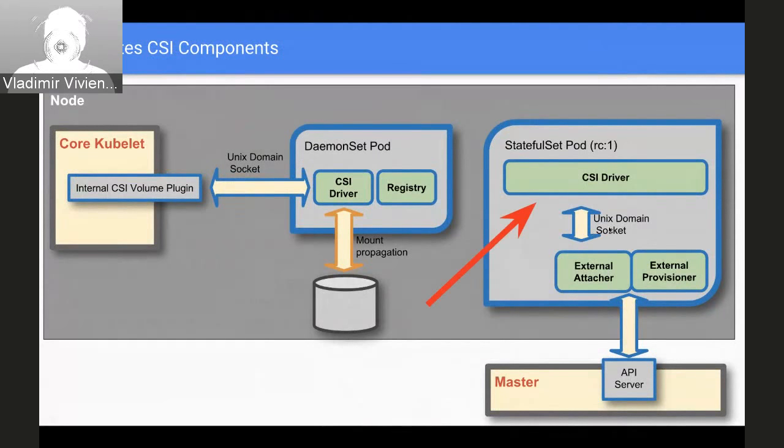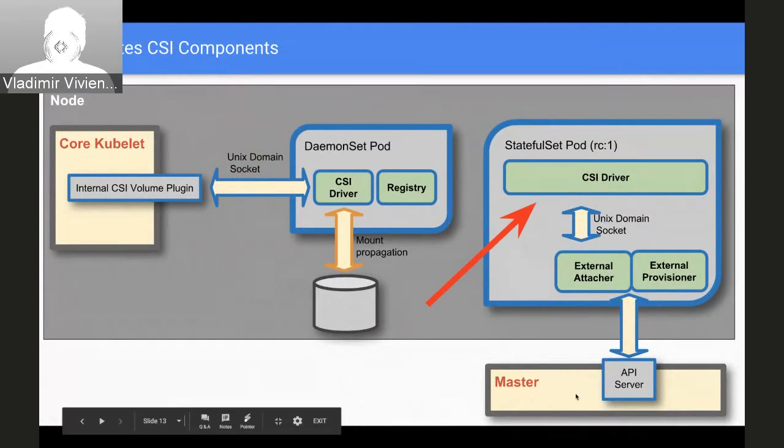We won't go into the detail of how that is done, but basically these pieces talk to Kubernetes using gRPC over a Unix domain socket, and the CSI driver exposes several methods for storage operations, and that is how Kubernetes talks to the external drivers.